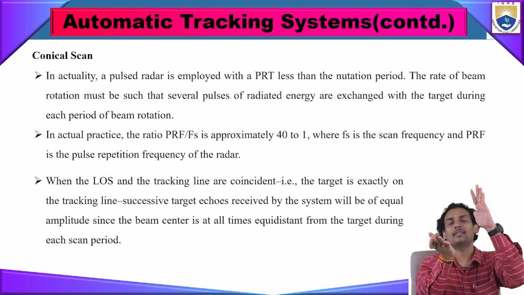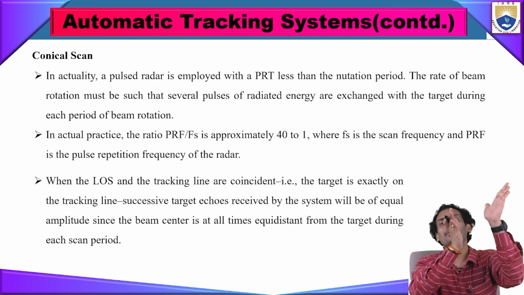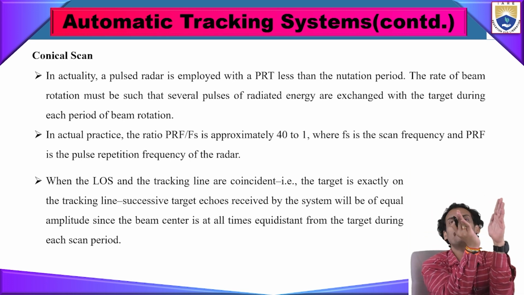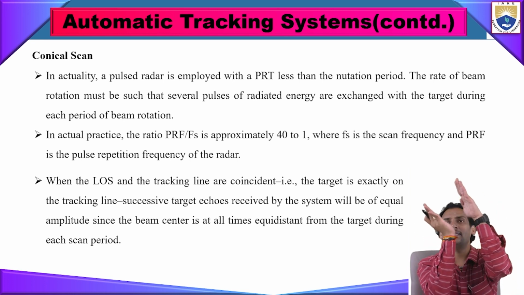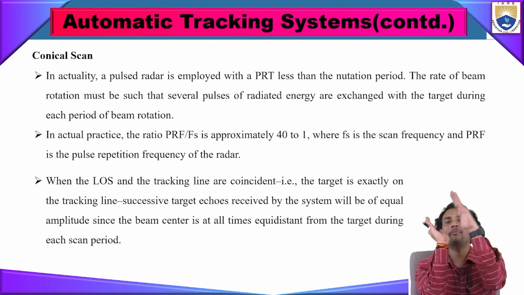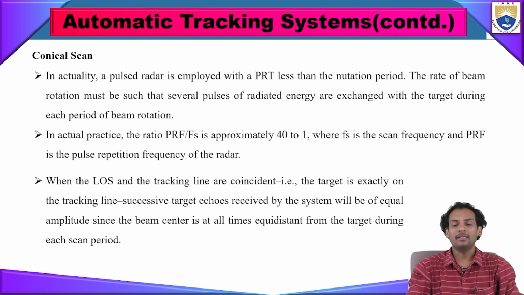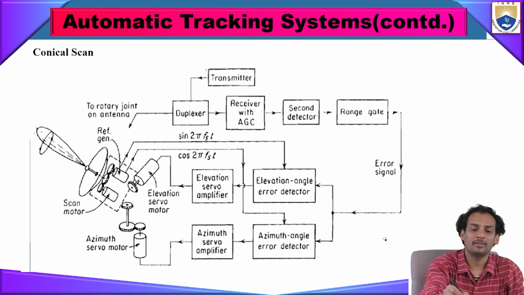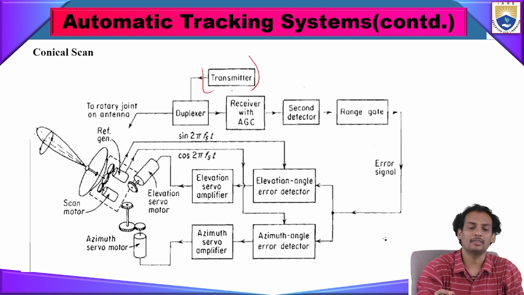Lock means it has tracked the target perfectly. If the target moves, the conical shape also will move accordingly. That means within this range the target is moving, so the missile will aim at that target easily. The block diagram of a conical system is like that.